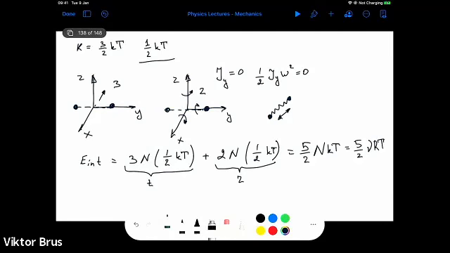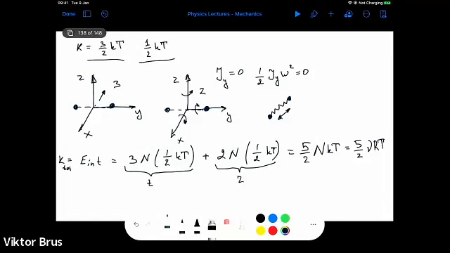So in this case, we already see that this total internal energy is also the total kinetic energy. It's equal not to 3/2 kT, but since we have 2 additional degrees of freedom, it will be 5/2 kT times, of course, the number of molecules.